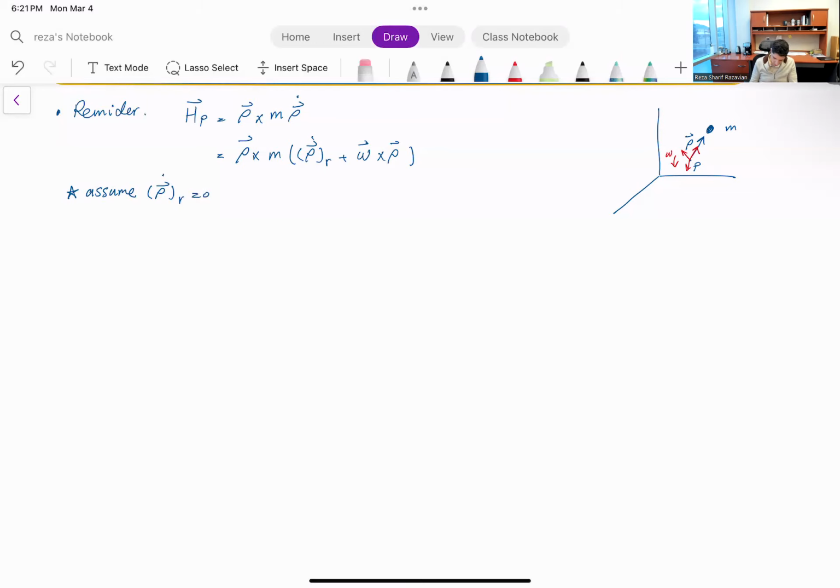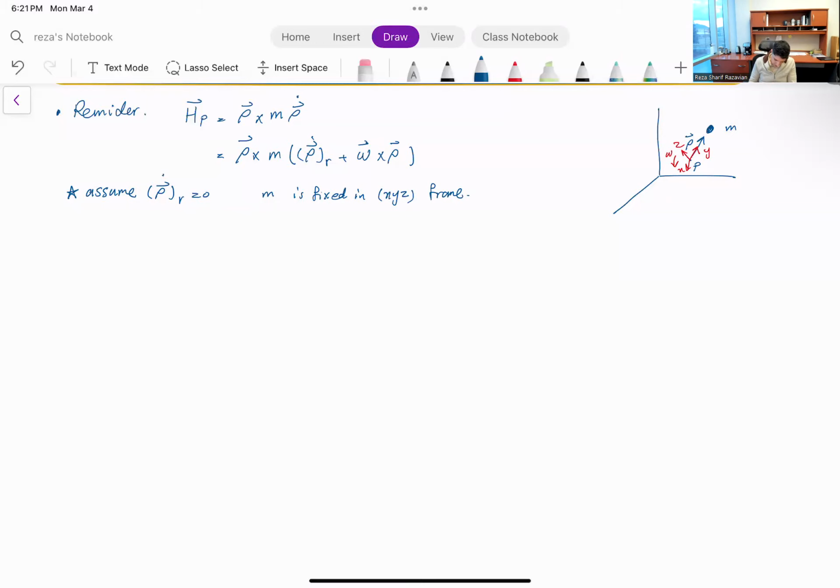In other words, m is fixed in this XYZ frame. This is just a reminder.